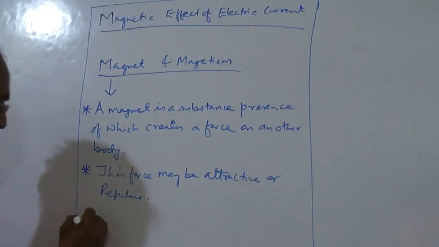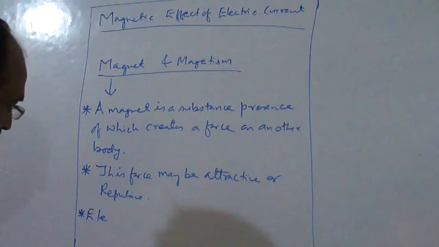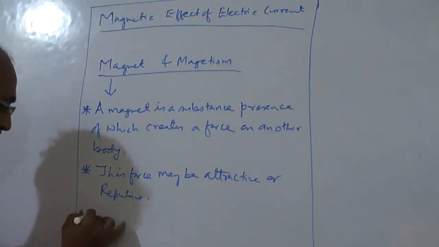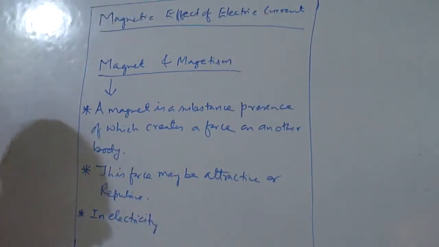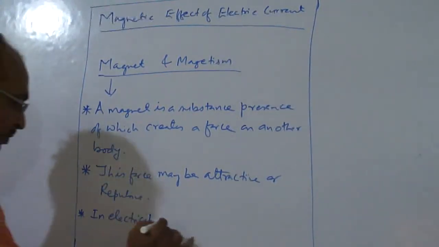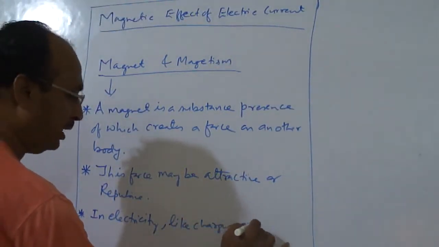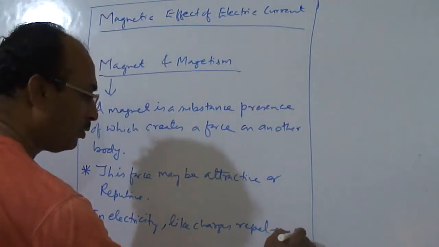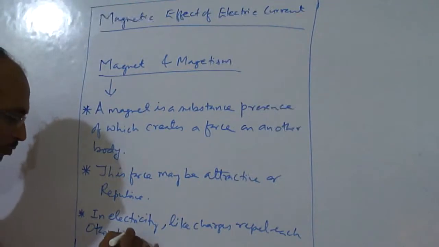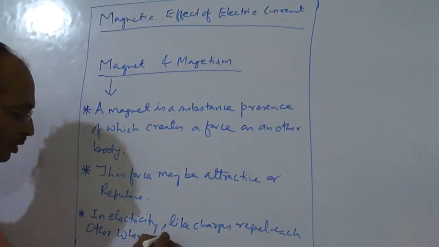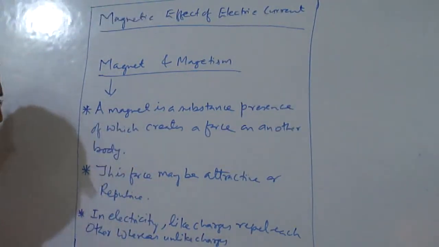So in electricity, like charges repel each other, whereas unlike charges attract, correct?